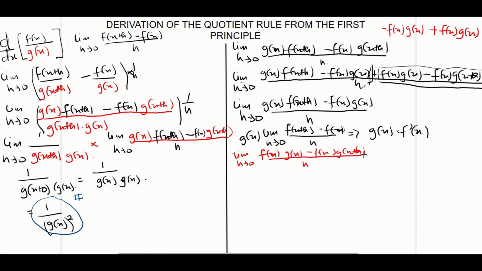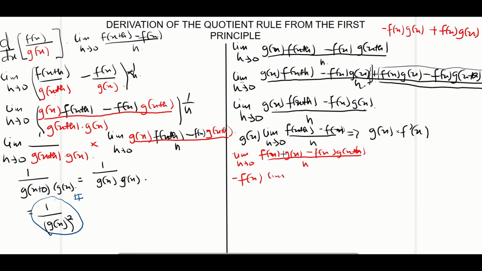Now over here we can factor out negative f of x, because f of x is common here, right? So when you factor out negative f of x, we are going to get negative f of x times the limit.